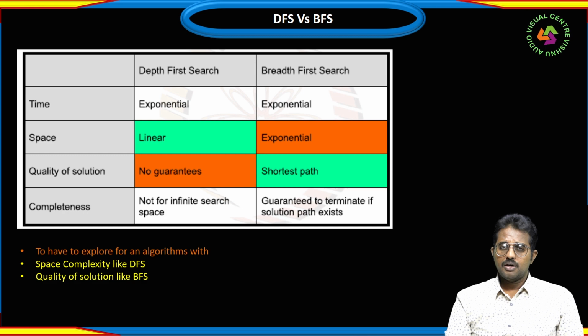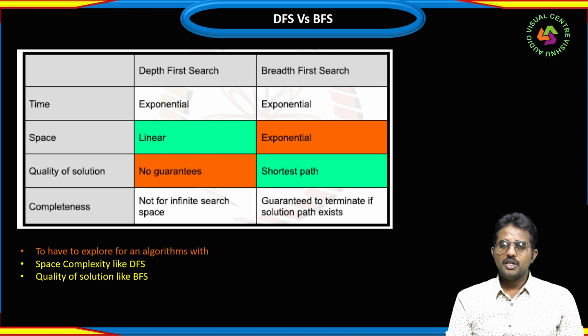By comparing these two algorithms and their performance evaluation, we can clearly see that DFS has low space complexity, that is, linear space complexity, so it is taking less space to execute the algorithm.